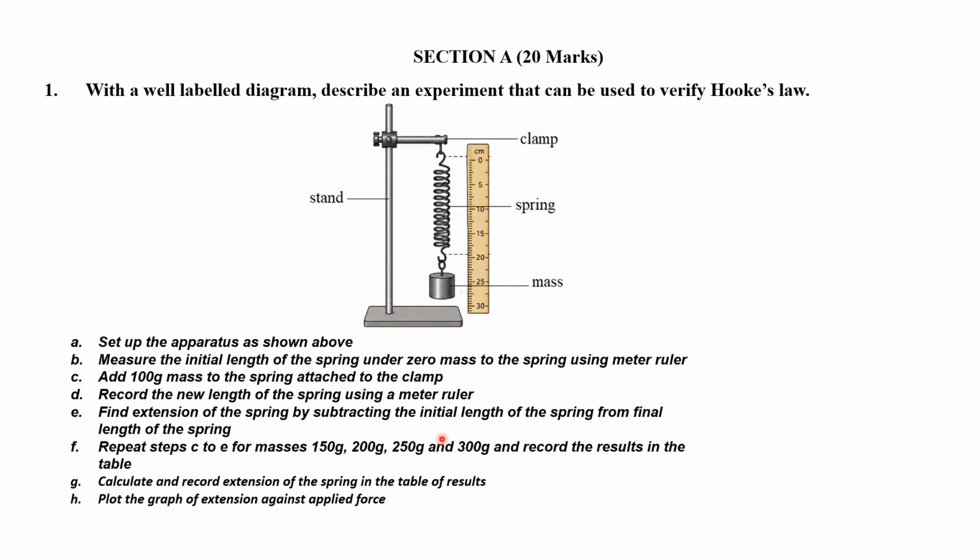Plot the graph of extension against the applied force. So once you plot the graph, it is the nature of the graph that is going to guide you to make a valid conclusion regarding Hooke's law.